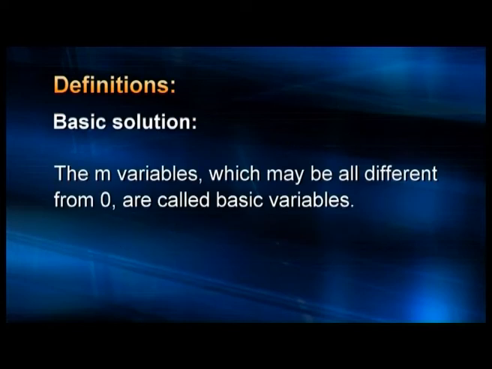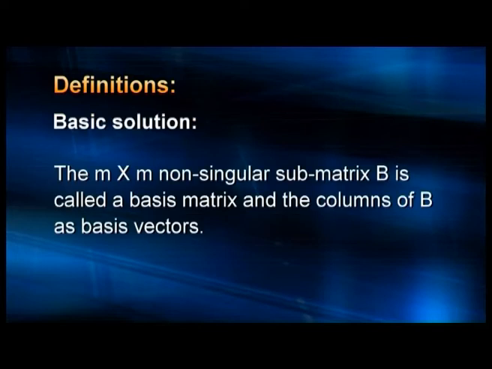The m variables, which may be all different from 0, are called basic variables. The m by m non-singular submatrix B is called a basic matrix and the columns of B are called basis vectors.